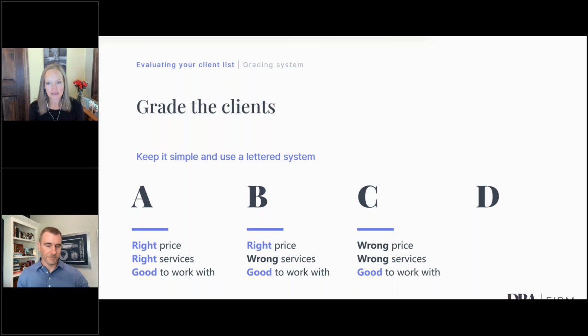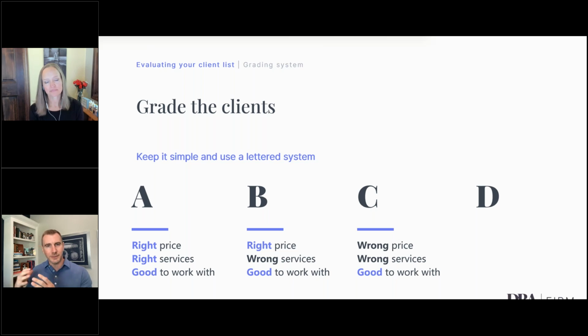So then we get to C, and C is wrong price, good people, essentially. Yeah. So C may be those people that came in that you either acquired through an acquisition or were referred in and you took it just because of the relationship in some manner. They're good people, and this is where emotion could usually become involved.